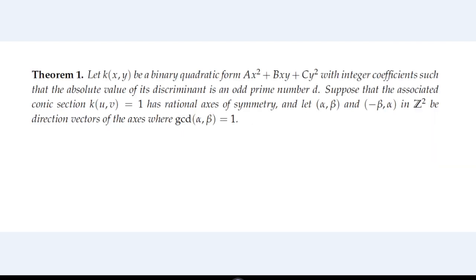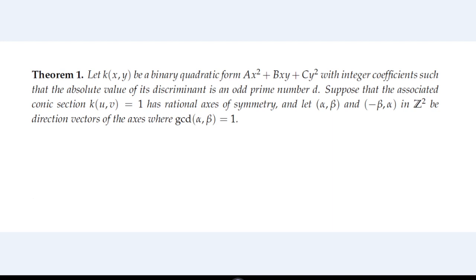Let k(x,y) be a binary quadratic form ax squared plus bxy plus cy squared with integer coefficients, such that the absolute value of its discriminant is an odd prime number d.